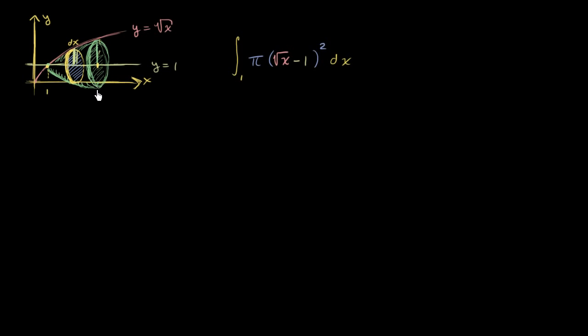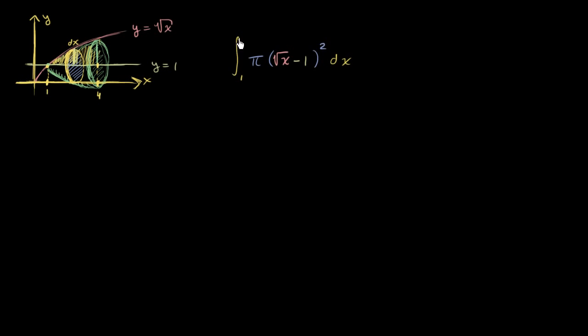So this is until x is equal to, let me be careful, this is the x-axis right over here, all the way until x equals 4. So you don't get confused, this is the x-axis. So we're going from x equals 1 to x equals 4. And we're essentially taking this area, one way to think about it, between our square root of x and 1, and we're rotating it around 1. So we're using these little disks right over here.